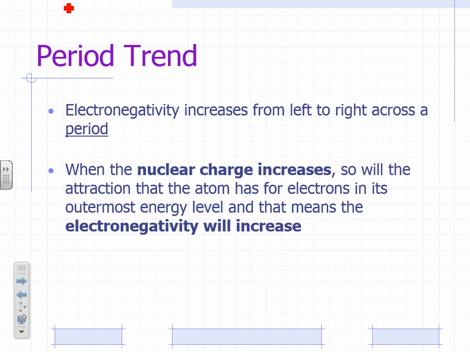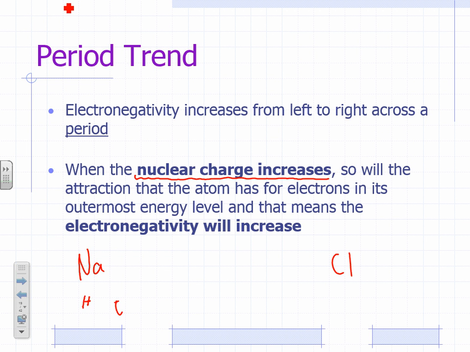Electronegativity increases from left to right across the period. Now, there are two ways that we can explain this. We can say that the nuclear charge increases as you go across the period. So for example, remember sodium on the left and chlorine on the right. If we're talking about the effective nuclear charge, for sodium it is 1+.